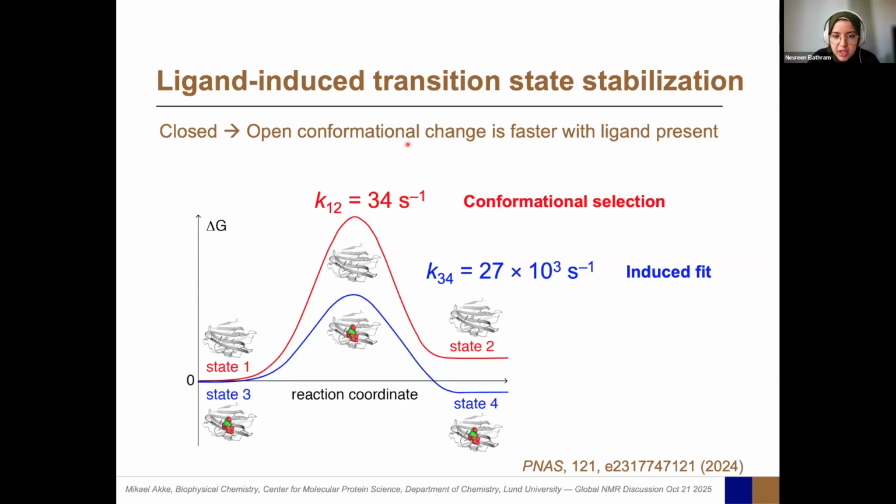Okay, we have another question. In the flux graph, you explained that the conformational selection and the induced fit at very low concentration showed intersection. In what cases, if possible, would only one pathway dominate? That would be the case, for example, if for some reason these barriers would be the same, then the conformational selection would dominate, I think.